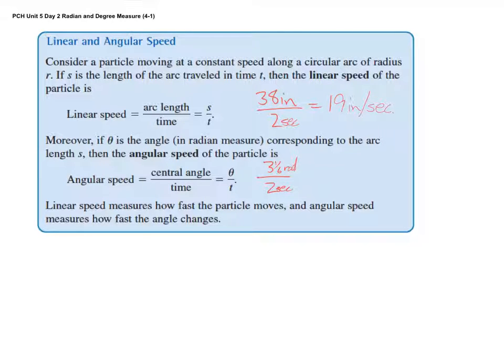Well, if you simplify that, half of 3 is 1 1/2, half of a sixth is 1/12. So that would be 1 6/12 plus 1/12, which is 7/12. We're moving at a rate of 1 7/12 radians per second.